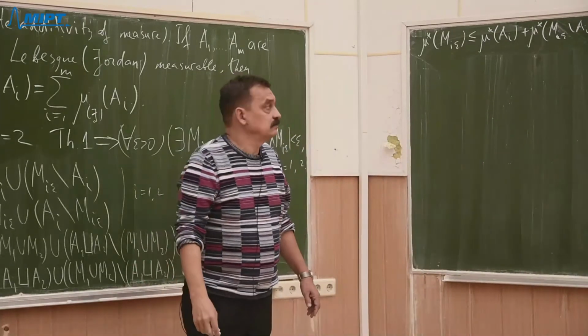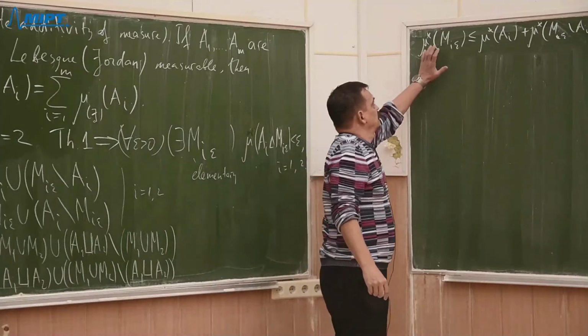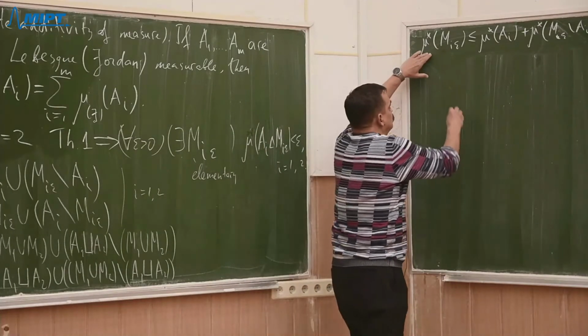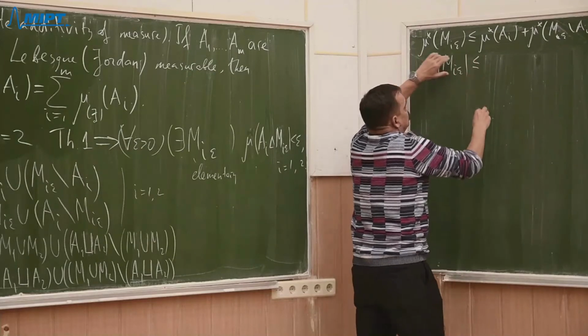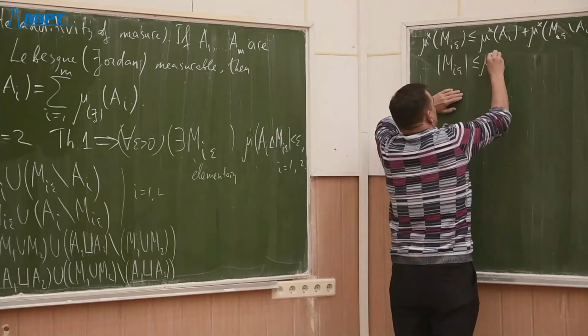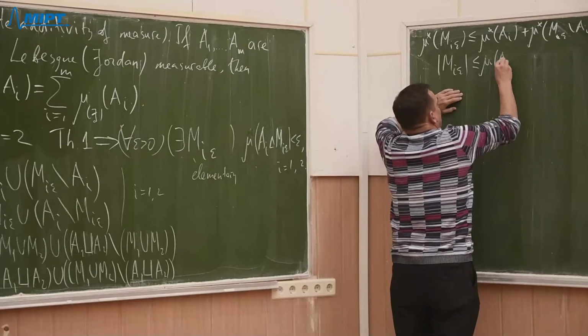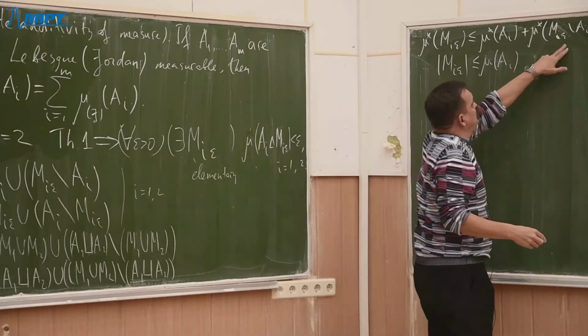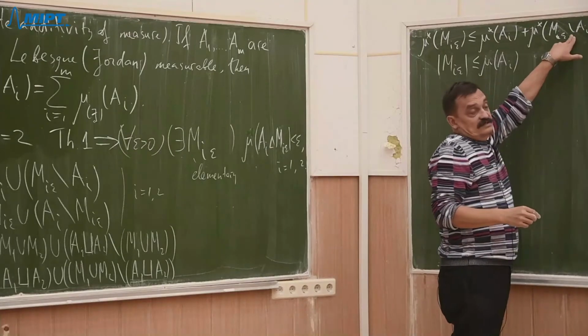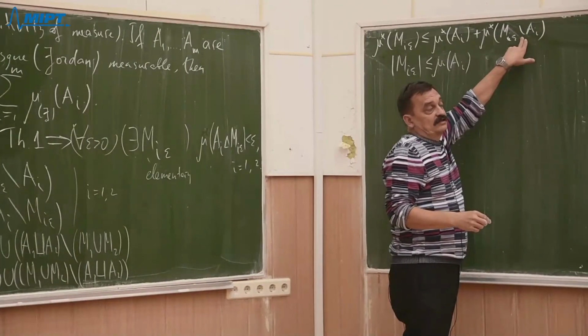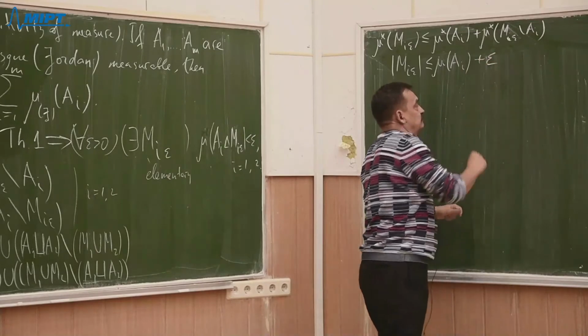And now remember, M_i,ε is elementary, hence I can write here volume, less than or equal. Here I can write just measure, not outer, and here also measure. In fact, this difference is less than the symmetric difference, so epsilon.